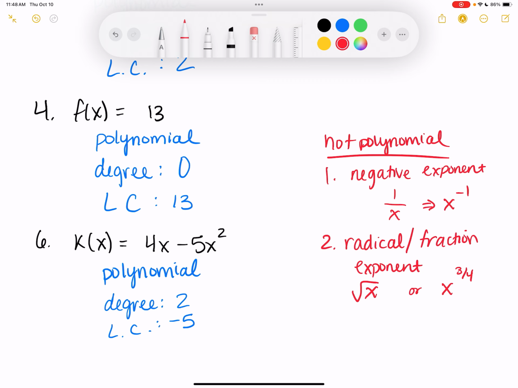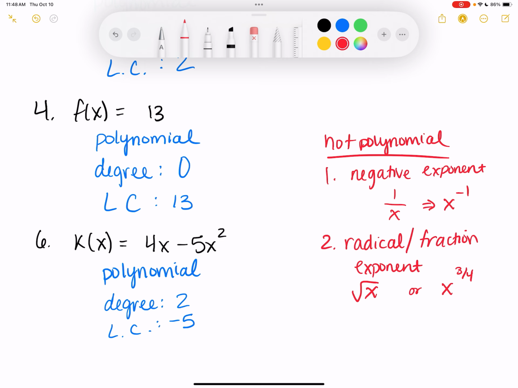Is there a negative exponent? Is there a radical or a fraction exponent? So it's polynomial. For some reason, I thought polynomials were several numbers. Nope.